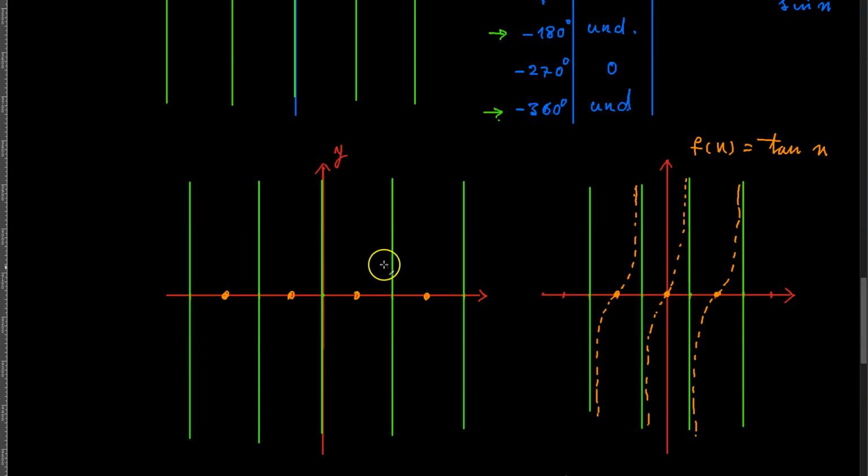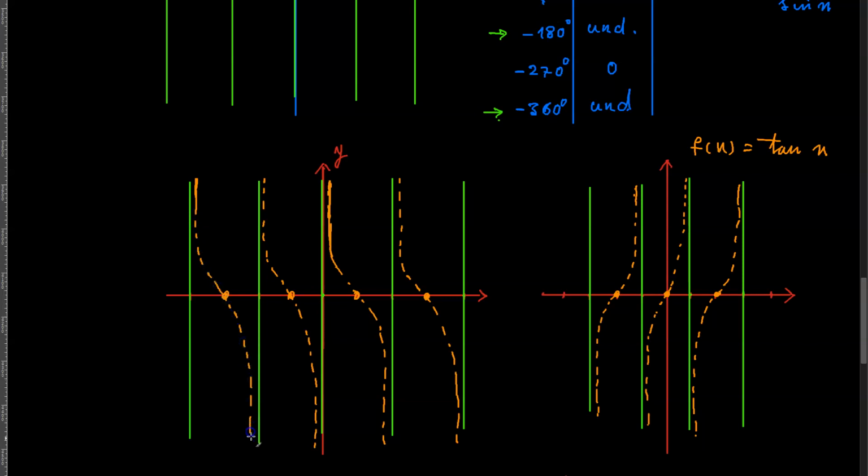So the graph in the case of the cot function is going to be something like this. It is going to be something like this, right? The complete opposite of this behavior. You see?